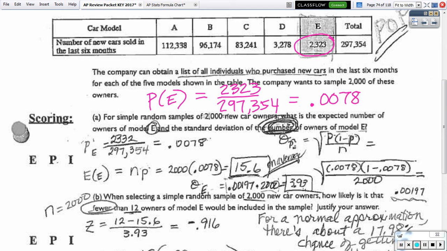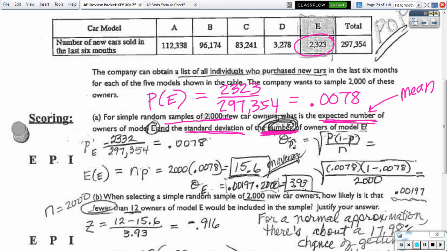0.0078. All right, then look, it says this: find the expected number and the standard deviation. So guys, get this in your mind. Expected number is the mean. So get expected number and standard deviation for the number of owners in this sample of 2,000.